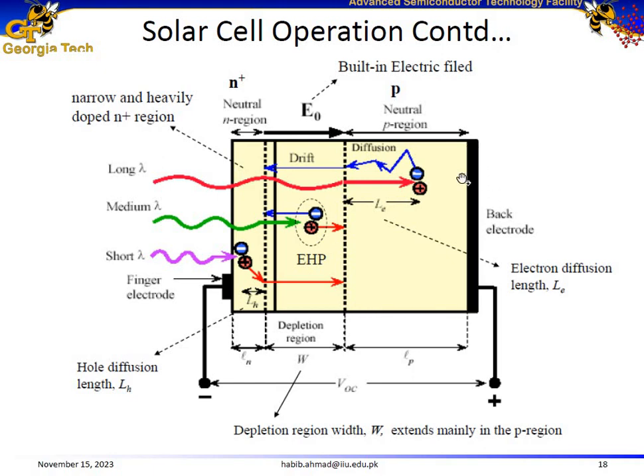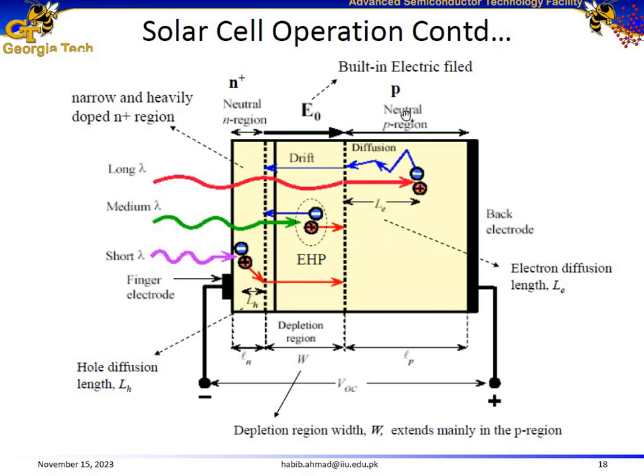This p-type layer is connected to a contact on the right. We call it the back electrode. And the N plus layer is connected to another electrode on the left. We call it the finger electrode. This concept of finger electrode and back electrode will be illustrated more in the upcoming slides.